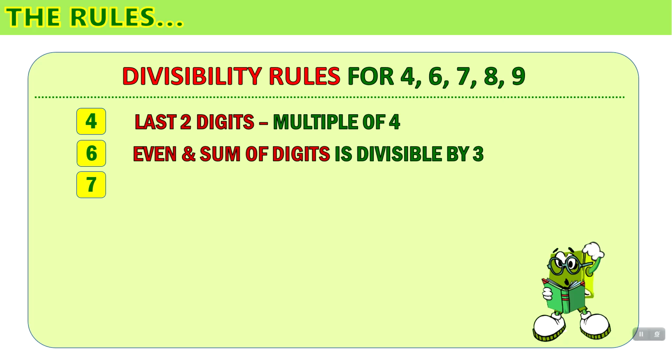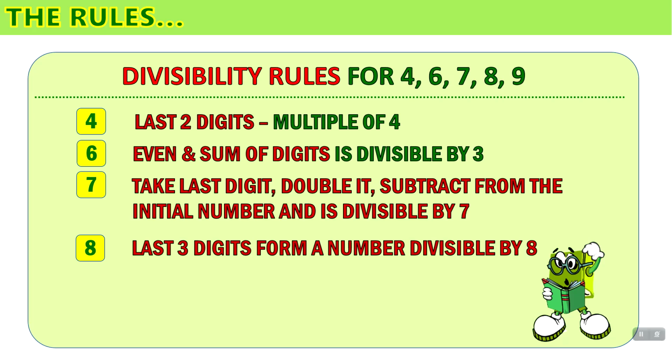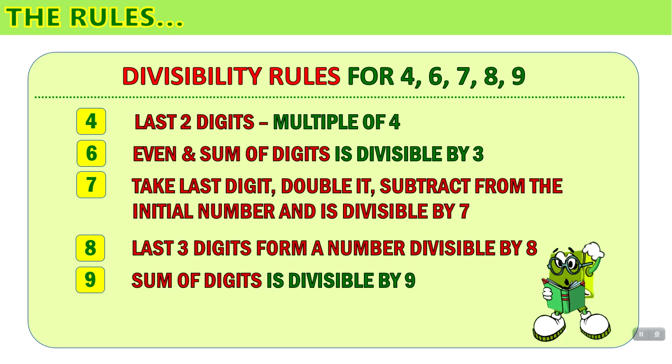A number is divisible by 7 if we take the last digit, double it, subtract it from the initial number, and the answer we get is divisible by 7. That's a long, complicated one, which we normally don't use. A number is divisible by 8 if the last 3 digits form a number that's divisible by 8. And a number is divisible by 9 if the sum of the digits is divisible by 9.